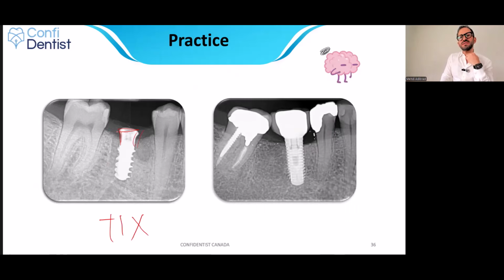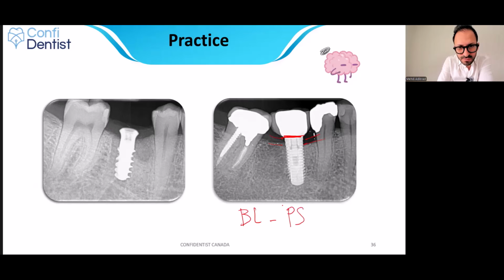What type of implant is this one? I don't know what brand this one is, but I can see the threads exposed. And this is my prosthetic platform. So this is a bone level implant, no platform switching, and I have pre-implant bone loss.